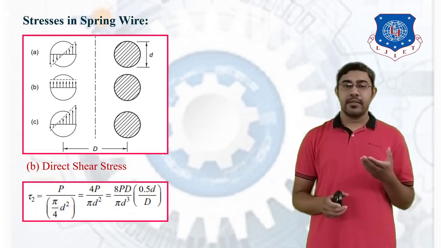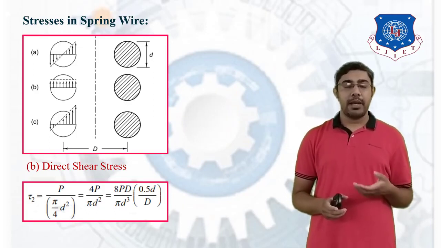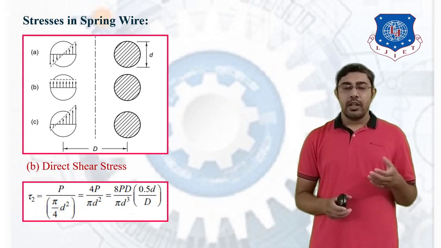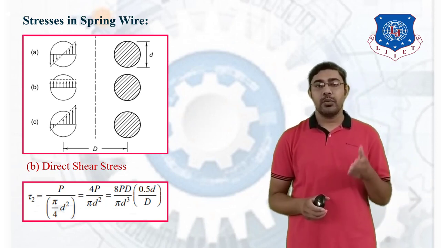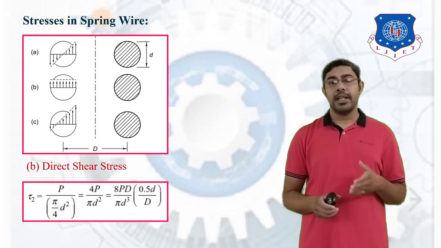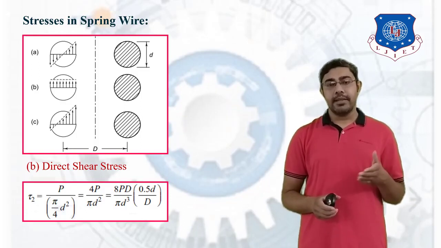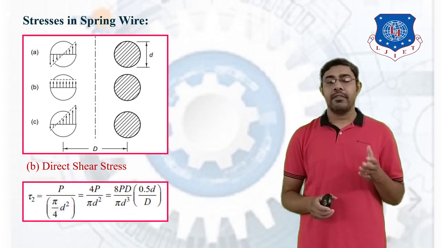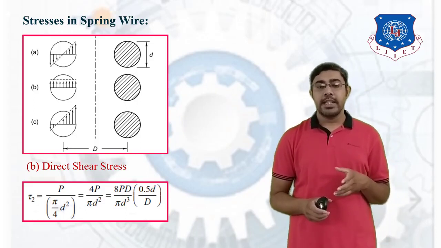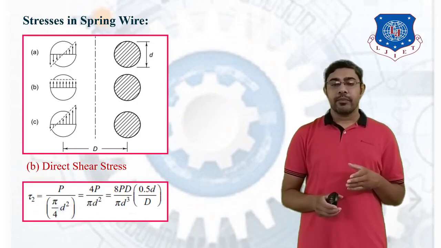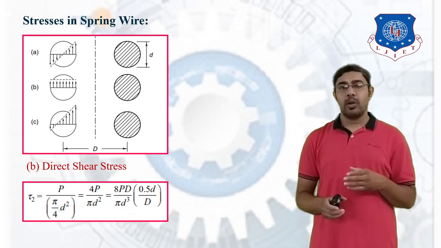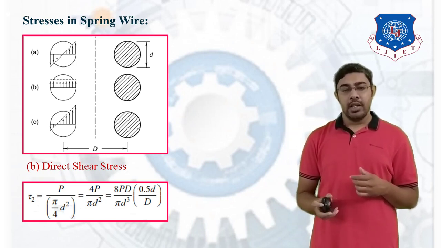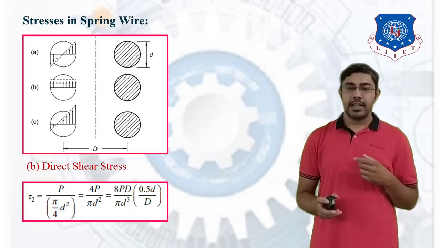Here the wire is circular, so it is pi by 4 into d square. If we simplify this equation, we get tau 2 is equal to 4P divided by pi d square. If we further simplify, we get tau 2 is equal to 8PD divided by pi d cube into 0.5 small d divided by capital D. So this is the direct shear stress.